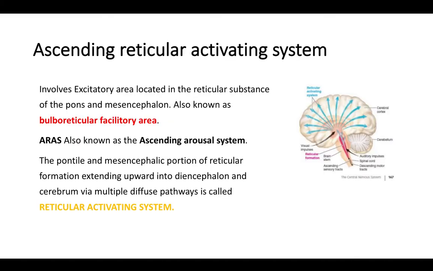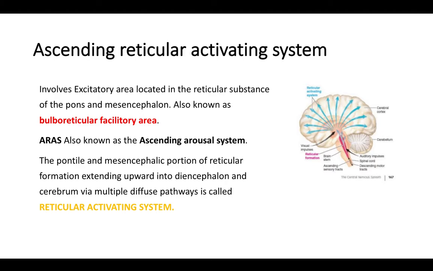Now coming back to the ascending reticular activating system, this involves an excitatory area located in the reticular substance. You have been hearing about this excitatory area in the past slides also. The excitatory area is mainly the pons and, to some extent, the mesencephalon when it comes to the ascending projections. It is also known as the bulboreticular facilitatory area.